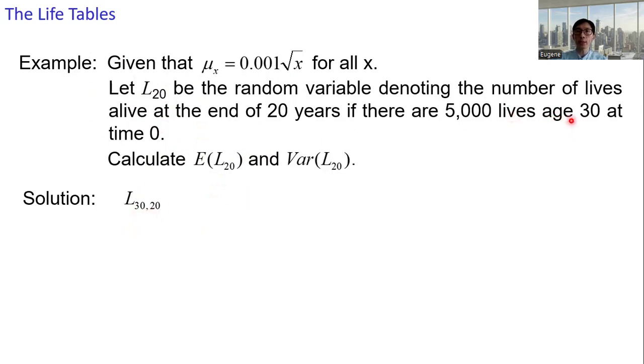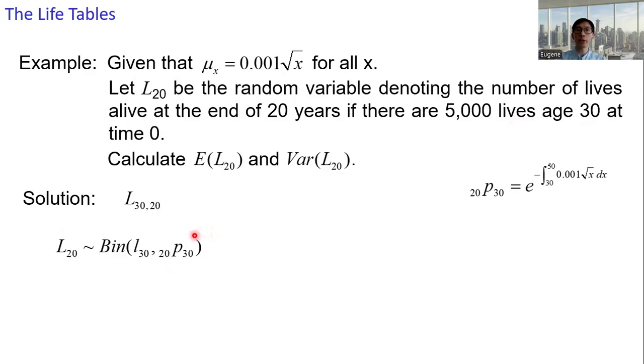The current age is 30, so in Lxt, x is the current age 30, and then t is the period, in this case, 20 years. And in this question, it is denoted L20. L20 follows a binomial distribution with L30 and probability parameter 20p30.